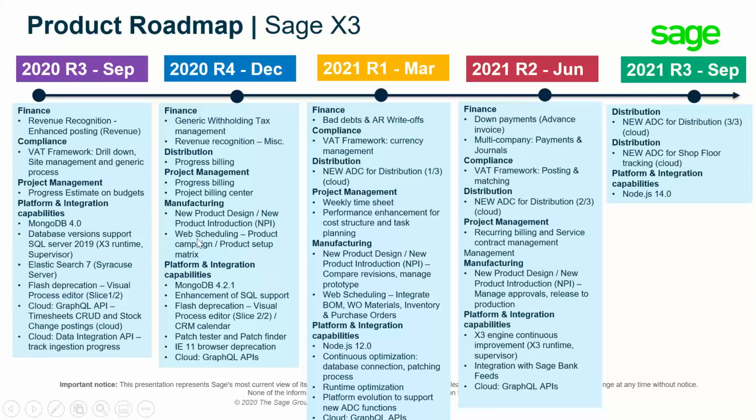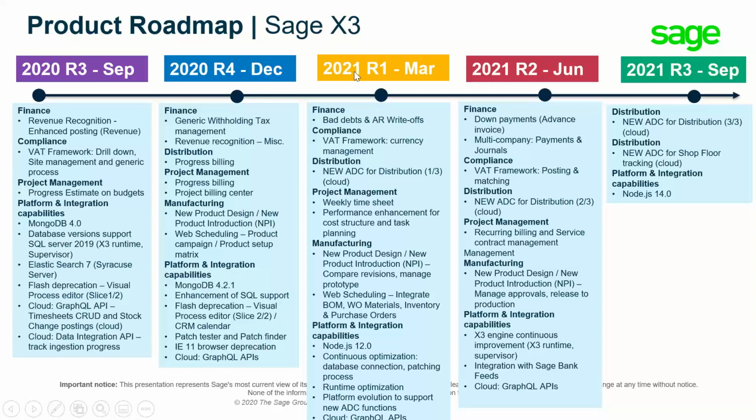And for manufacturing, especially for web scheduling, which we are going to launch also in Asia in the next months, we will have new features such as product campaign and product setup matrix in 2020 R4. And for the platform and integration capabilities, these are the new features.